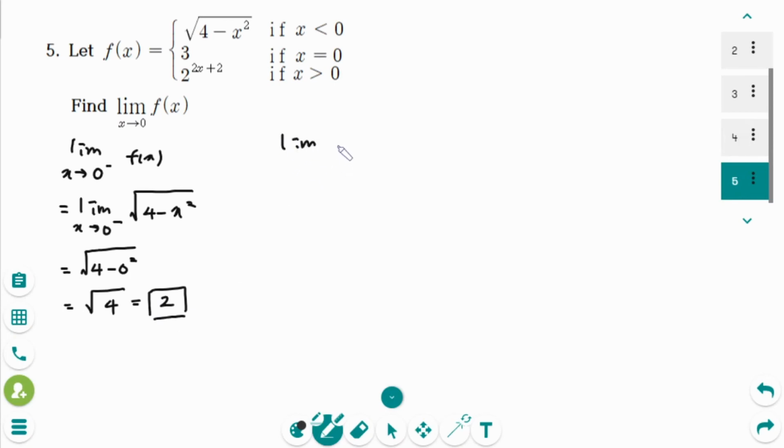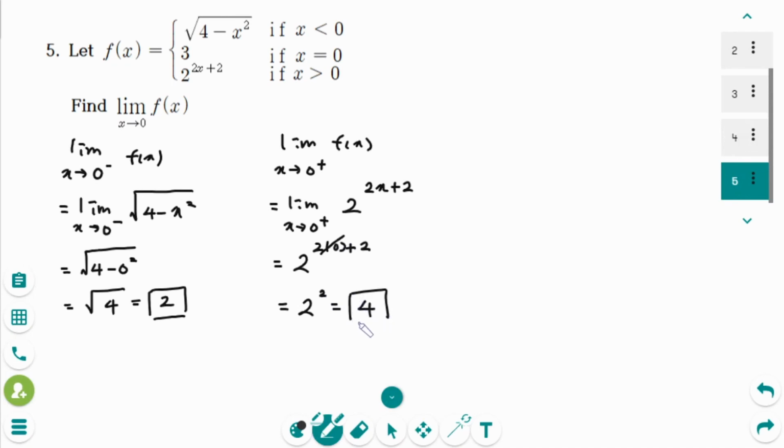and then limit of f of x as x approaches 0 from the right equals limit of 2 to the power of 2x plus 2 as x approaches 0 from the right side, and then put 0 into x, so 2 to the power of 2 times 0 plus 2 equals 2 to the power of, this is 0, then 2, which is 4, and then by these two, the left and the right limit are not the same.